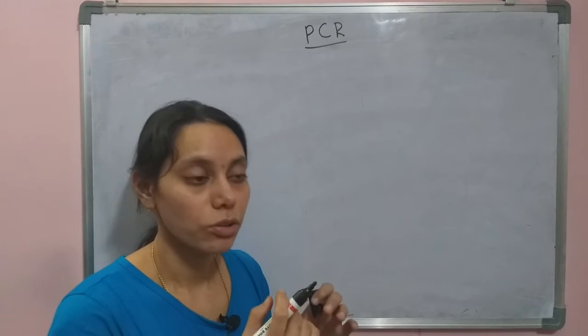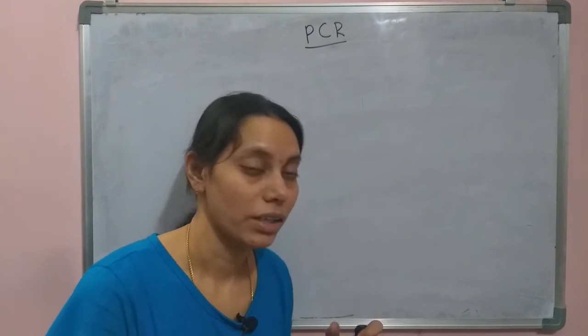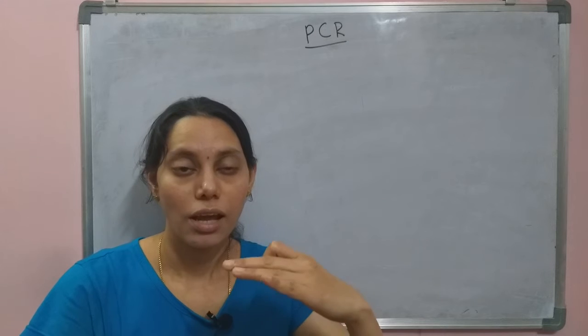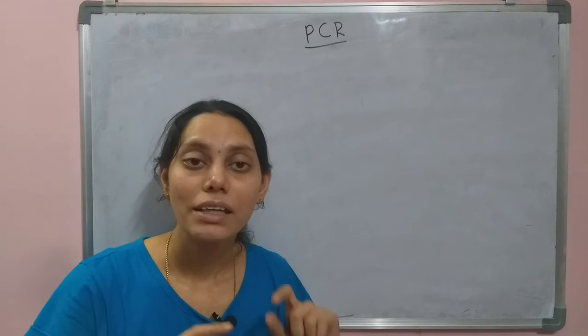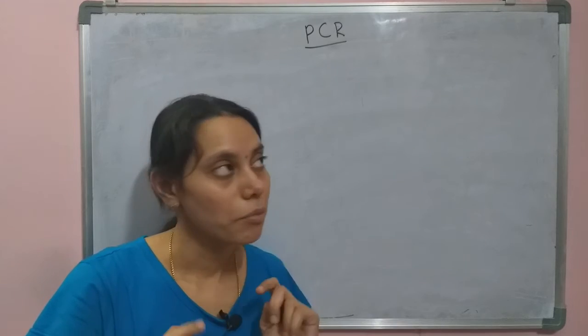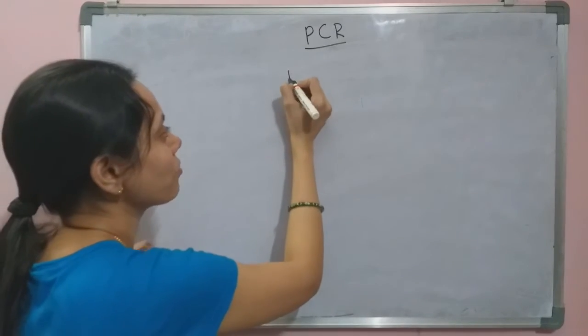First you make the denaturation, next primer binding, then the DNA synthesis. These are the main three steps involved in the PCR reaction.